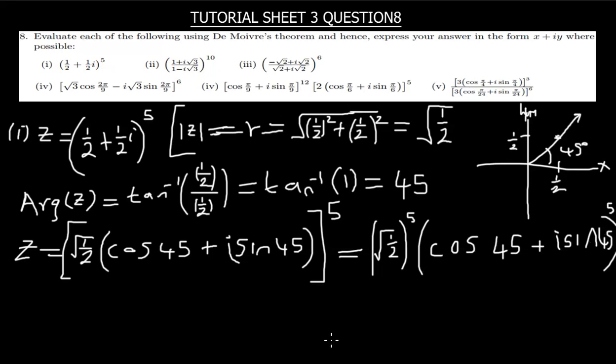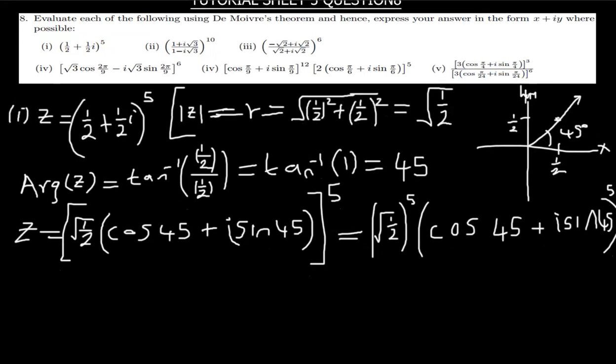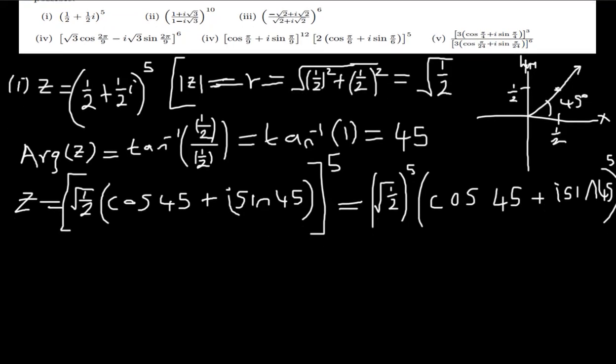So now we begin to solve the question. So the square root of half to the power 5, you are going to get, so the root of half times the root of half, you are going to have half, and then again the root of half times the root of half, there is half.